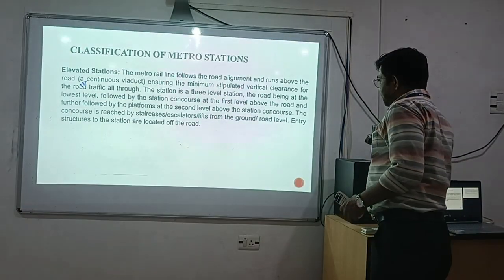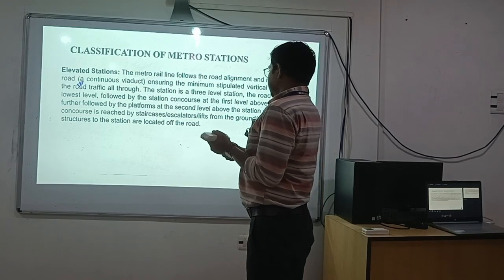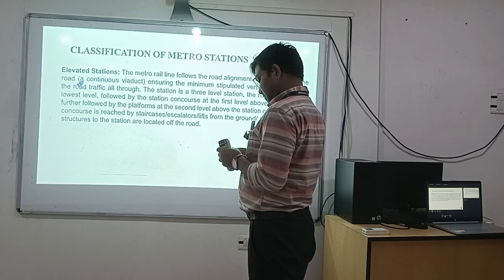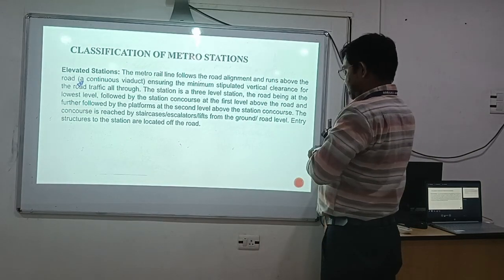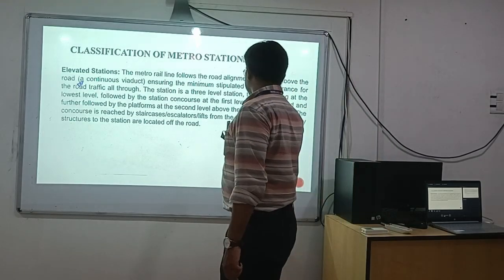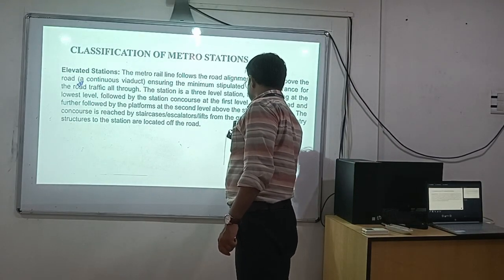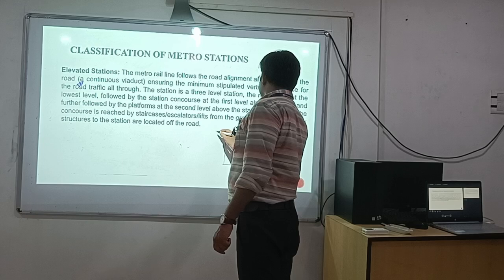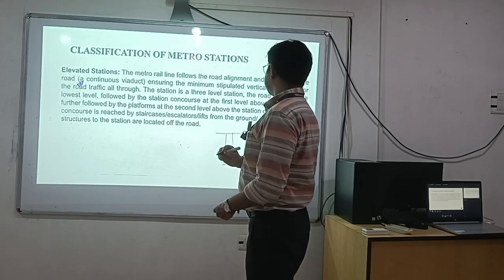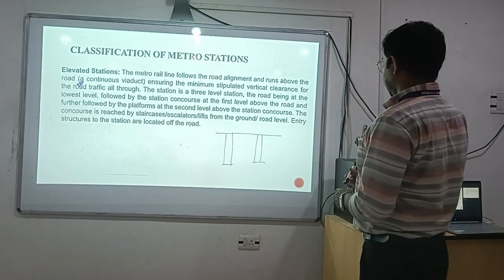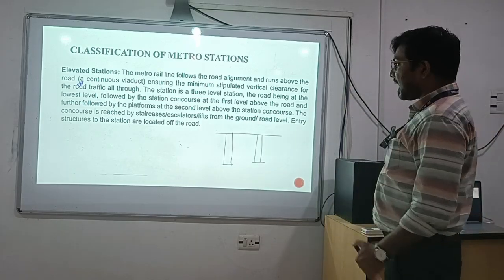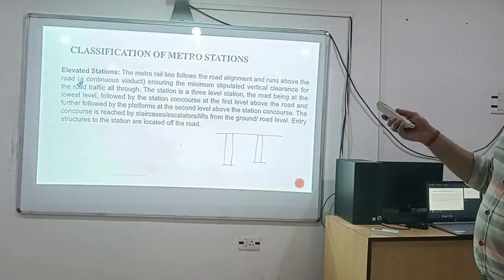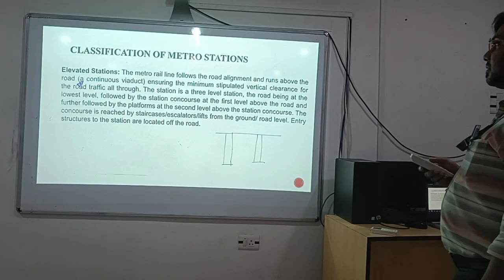That means the viaduct is constructed over the road and all, the route and the stations are at the same level. What are the other kinds of stations? You can understand when we go to the next class of the station.